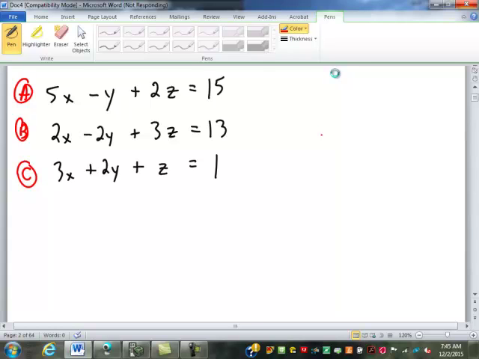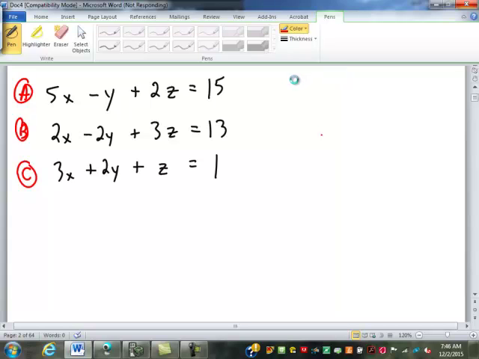Well, looking at this, is there a variable here that would be easy to solve for? In equation A, y wouldn't be bad, but it's negative. In equation C, solving for z is probably the easiest way to go.